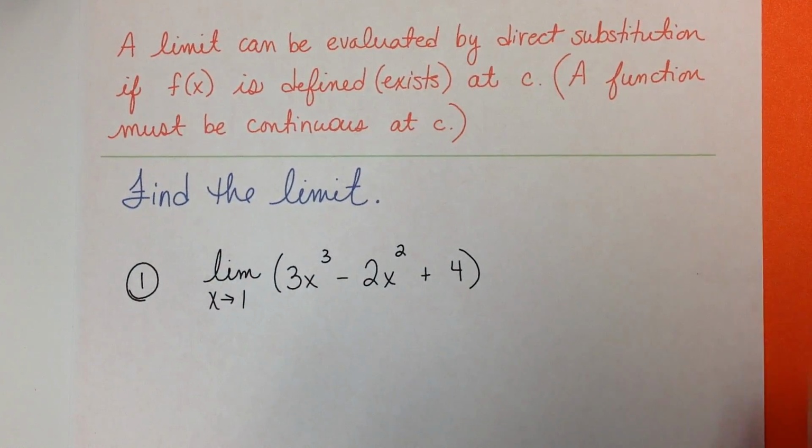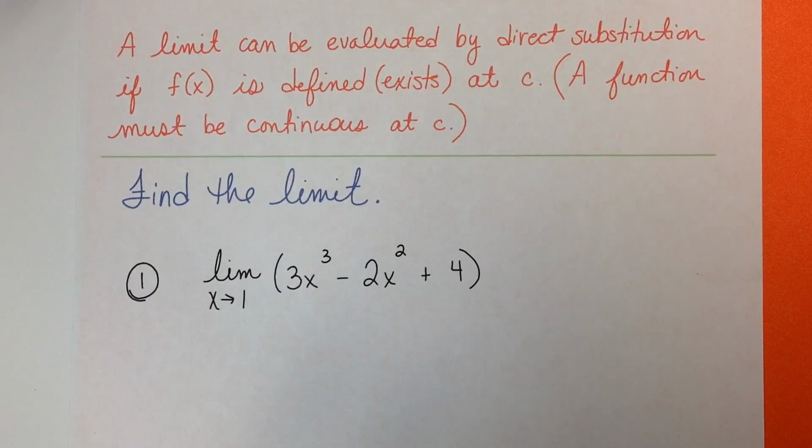Alright, the limit can be evaluated by direct substitution if the function is defined or exists at this number c. Direct substitution just means that you directly take the value that you're approaching and substitute it into the function. Again, it can be done that way as long as your function is defined.